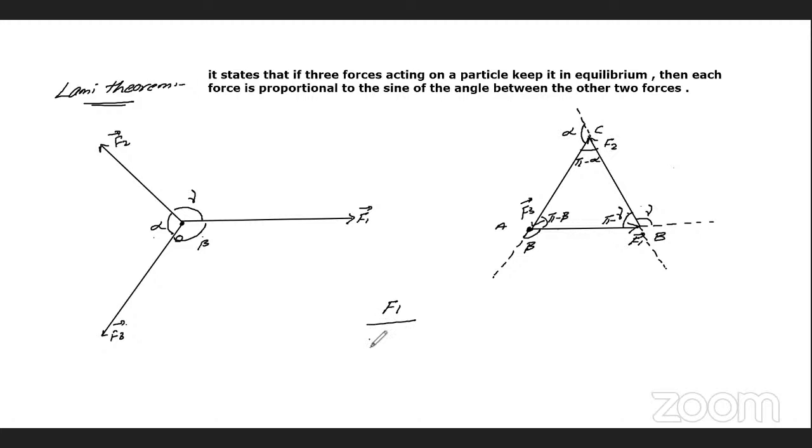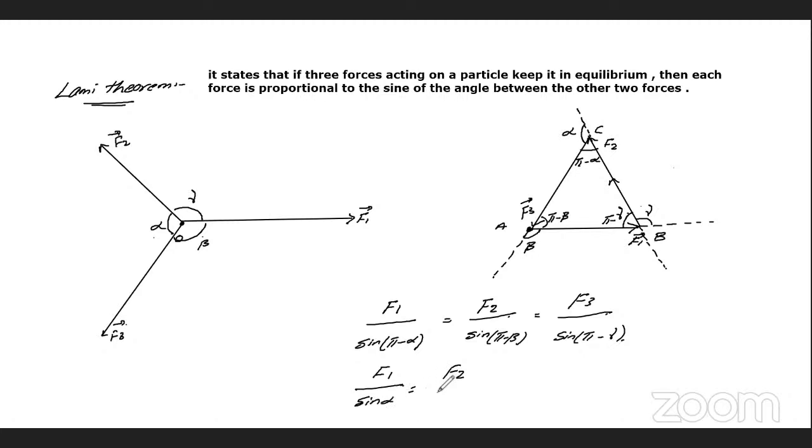So F1 divided by sine of pi minus alpha is equal to F2 divided by sine of pi minus beta, which is equal to F3 divided by sine of pi minus gamma. Sine of 180 minus theta, in the second quadrant, is the same as sine theta. So F1 over sine alpha equals F2 over sine beta equals F3 over sine gamma. This is your Lami's theorem.